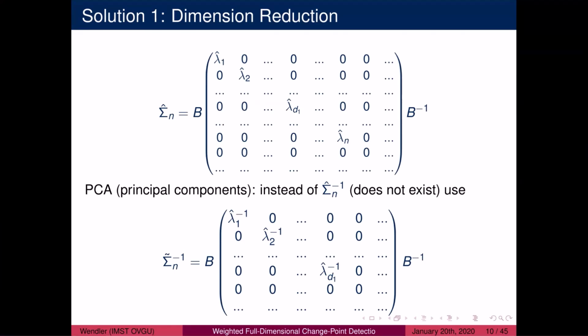Eigenvalues which are 0, you keep at 0, and the very small eigenvalues you don't invert but set to 0. So you do a pseudo-inverse. That's the idea of functional principal components. You cannot divide by 0, so it's a good idea to set it to 0. Also, the last eigenvalues might be very small, so the estimation error for them might be quite large and they may not be so trustworthy, so it's also a good idea to set them to 0.